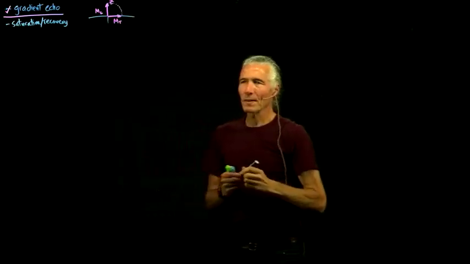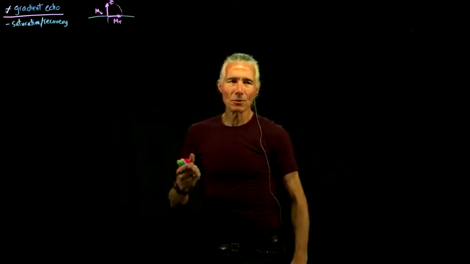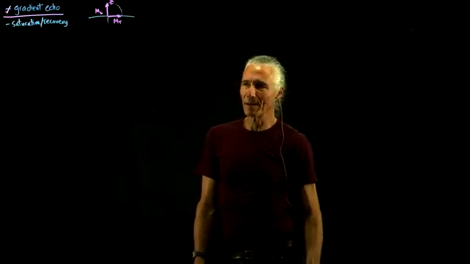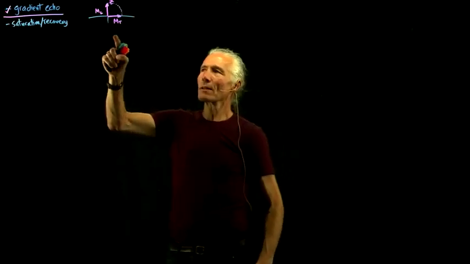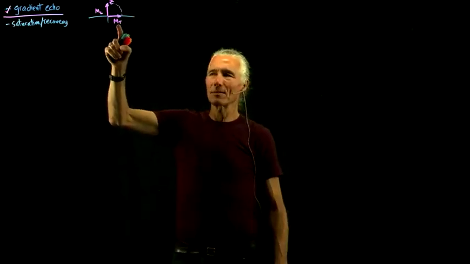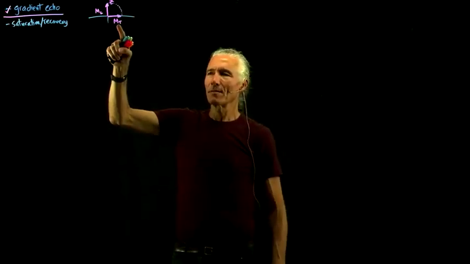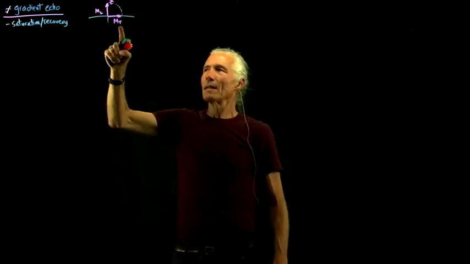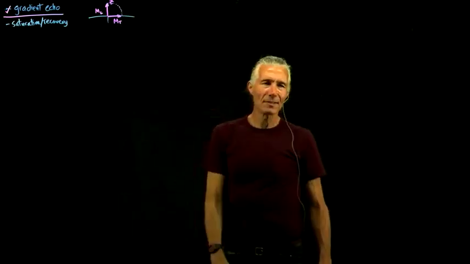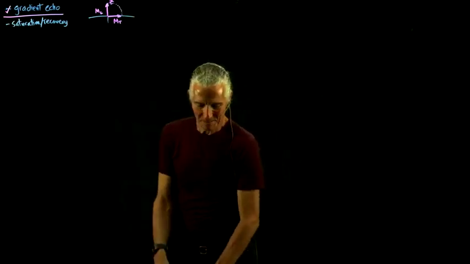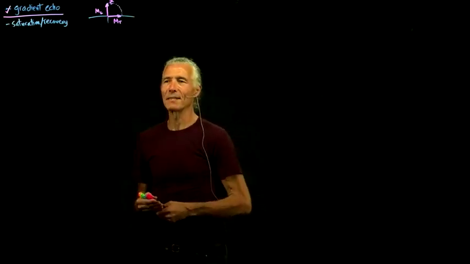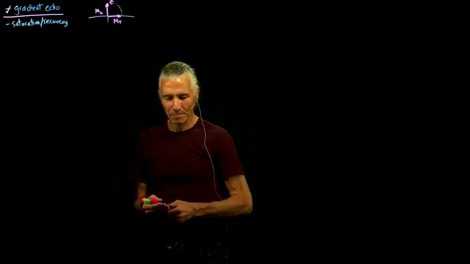And remember, the longitudinal magnetization is invisible, can't record that. The only signal that comes out of the brain is the transverse part. So what we're going to graph here is the longitudinal part. This is the invisible part, the part that you actually can't record.